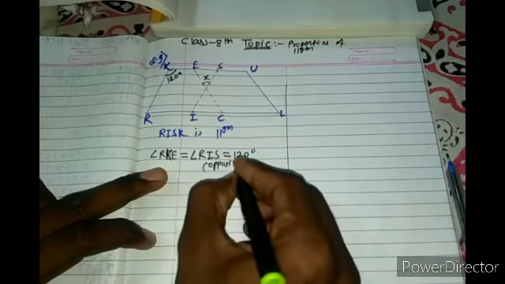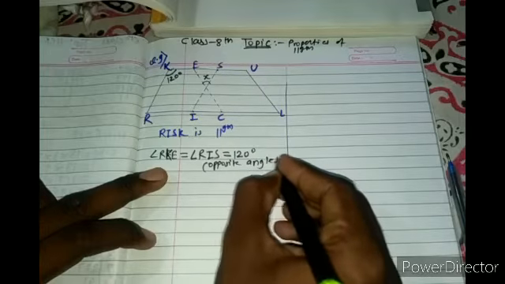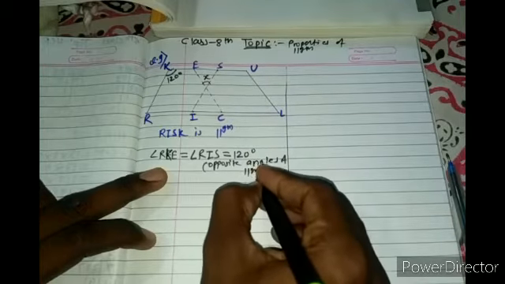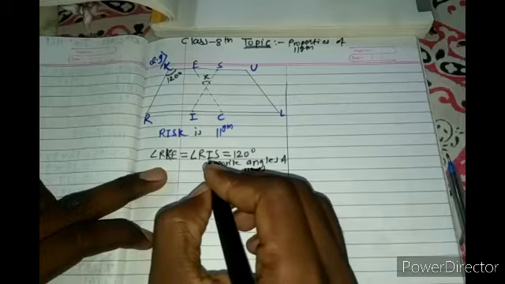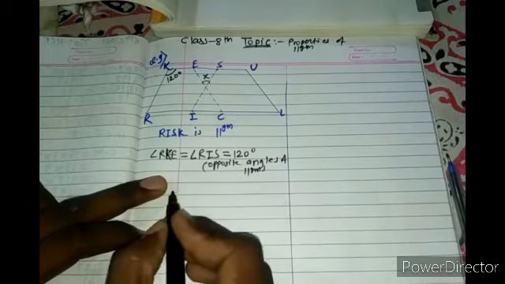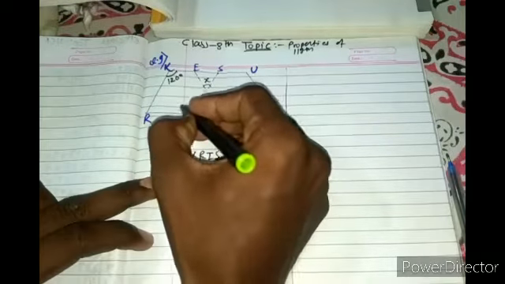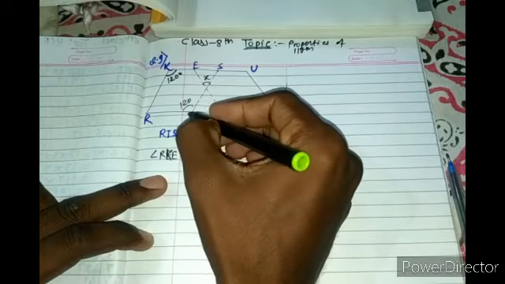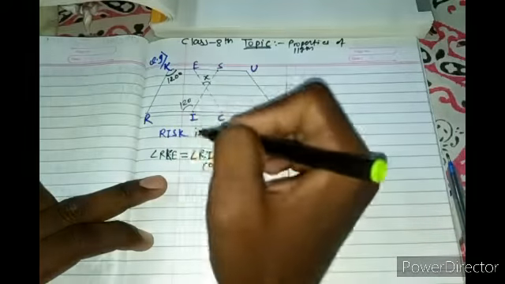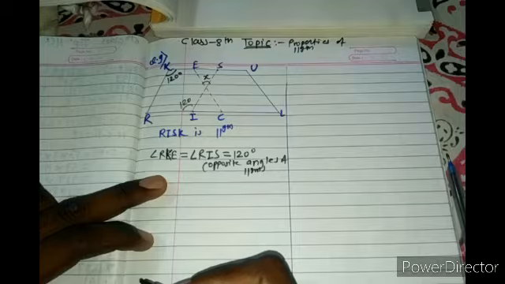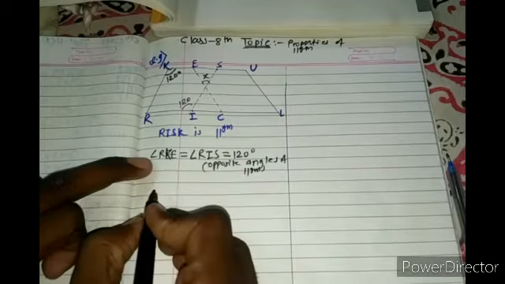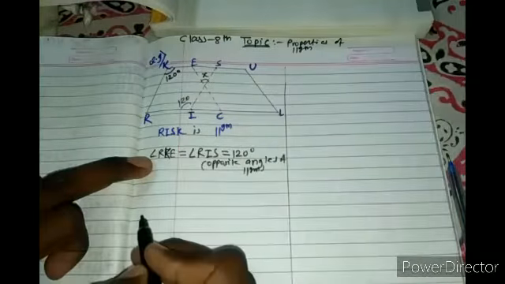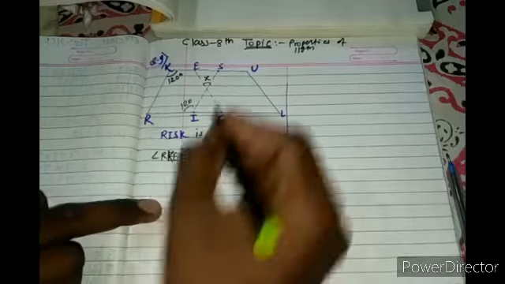Opposite angles of a parallelogram. So what is the benefit of this 120? Now we can pair this RIS with the angle KSI, and we can find this angle, which will help to find the value of x.